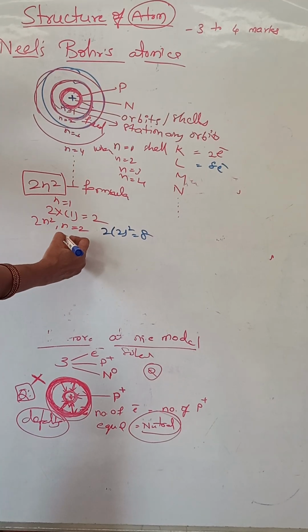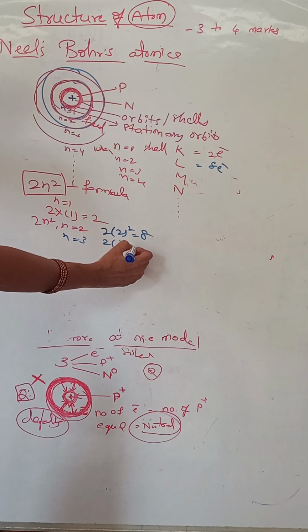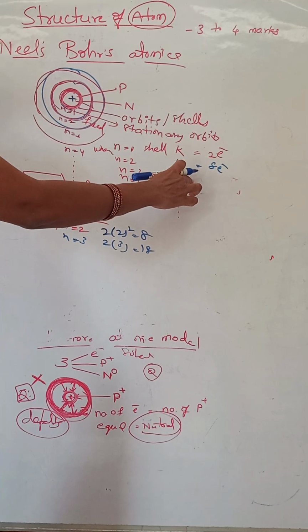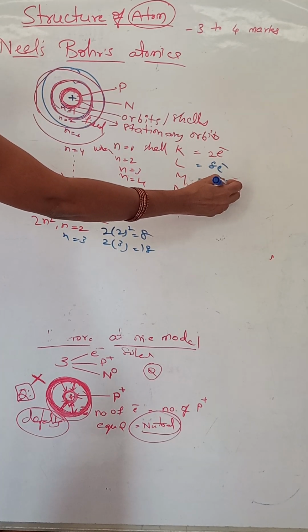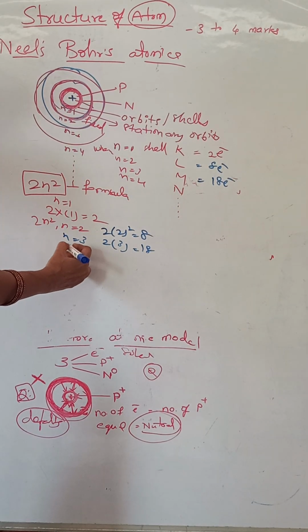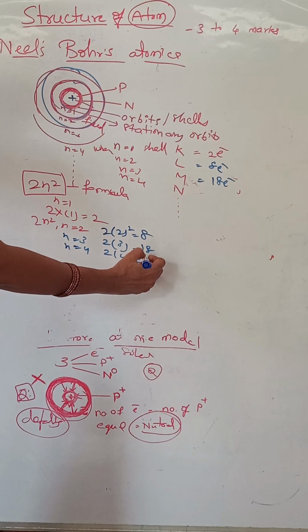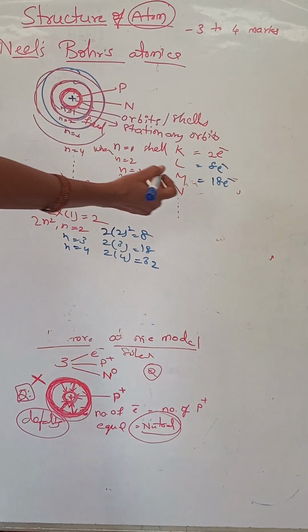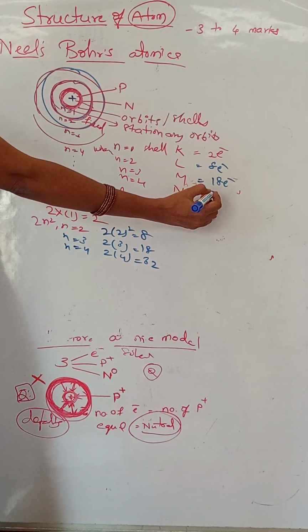For n equals 3, 2 into 3 squared is 18, so 18 electrons in the M shell. For n equals 4, 2 into 4 squared gives 32 electrons in the N shell.